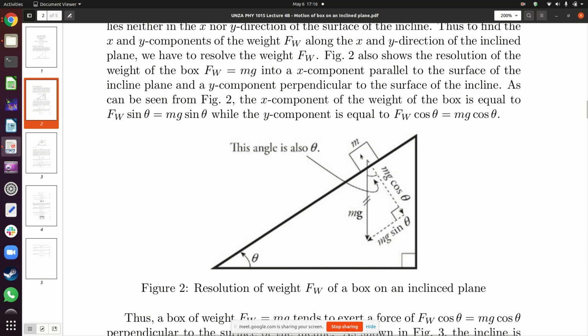Now, when this object slides down the incline, like any of you, I think if you have had the pleasure or the opportunity to go down an incline like that, you will find that whatever object is going down an incline will start moving faster and faster, even if you're not doing anything. Okay?